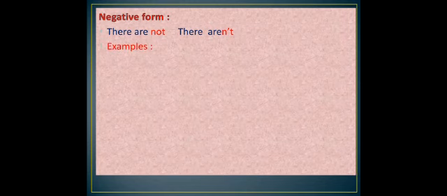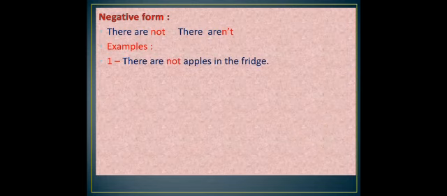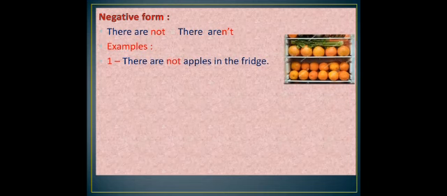Negative form. There are not, or there aren't. Examples: there are not apples in the fridge. If you look here at the fridge, you're going to see oranges.